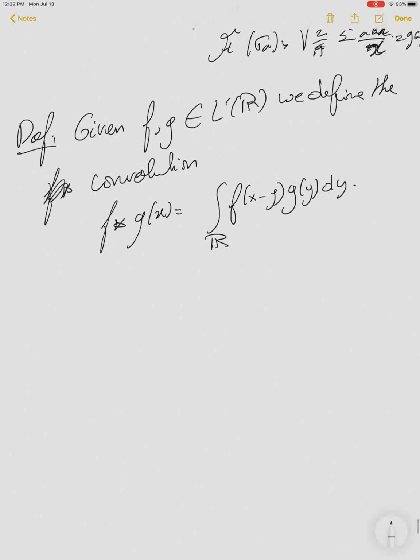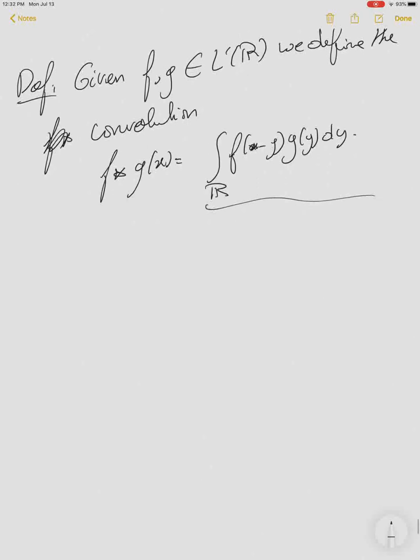So this is an integral dy, so I will get something that depends on x. Now this is a function of x. My y goes from minus infinity to positive infinity.